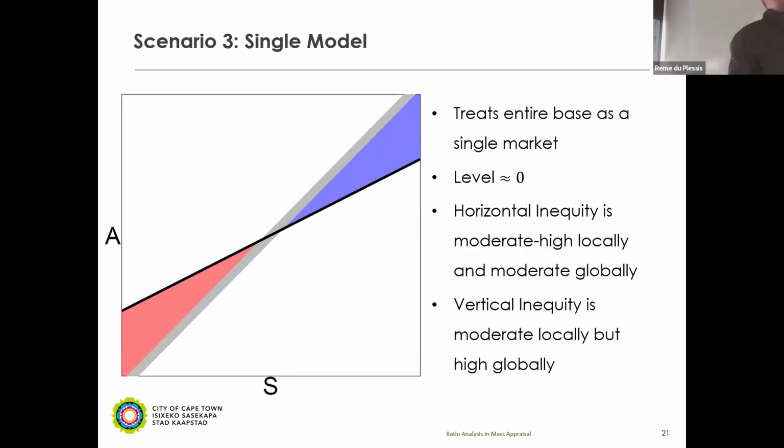Then you can also treat your entire market as a single market, right? Or treat all the properties as a single market. Here, for some of the reasons we mentioned earlier, with the biases that creep in, as well as the case that you now have changing relationships between your independent variables and your dependent variables as you move through the markets that cannot be accounted for by your model, you come out with a regression model that is still slightly too flat, or at least the assessed values that come out are slightly too flat, which means you tend to overvalue your lower valued properties and undervalue your higher valued properties.